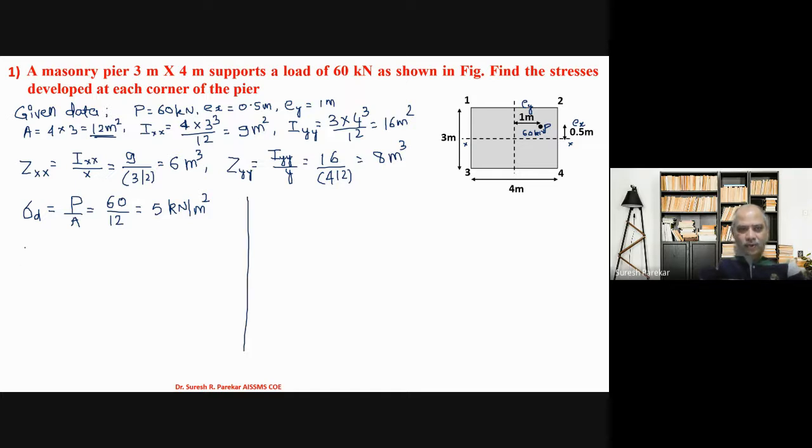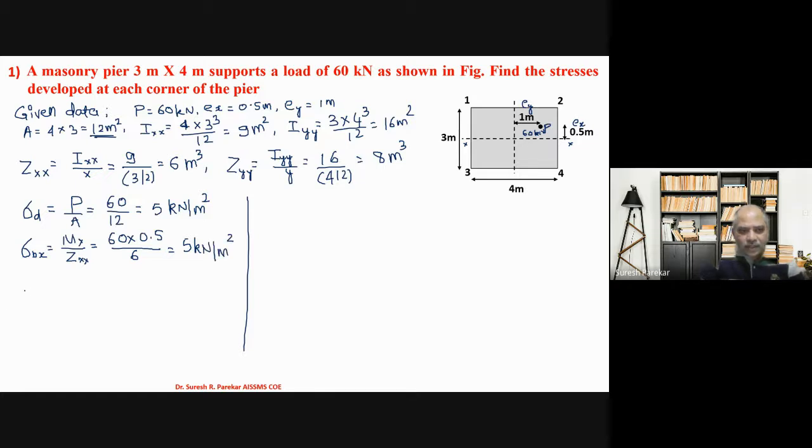Then we go to sigma bx, which will be Mx divided by Zx. Mx we have P into Ex, so we have 60 into 0.5, and Zx we have 6. So it comes 5 kilonewton per meter square.